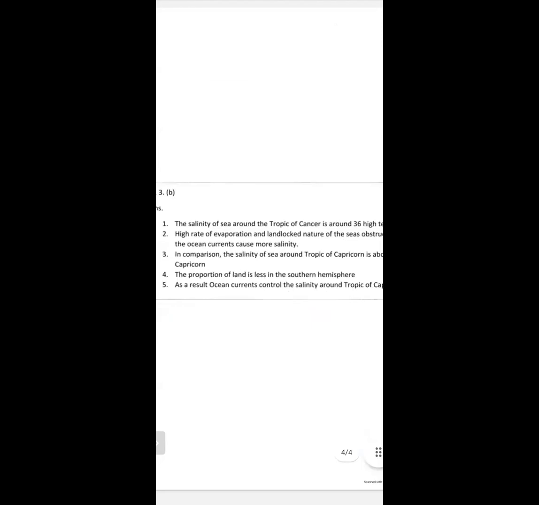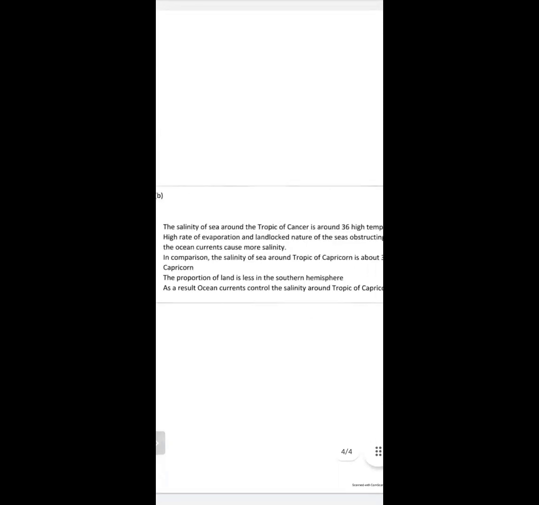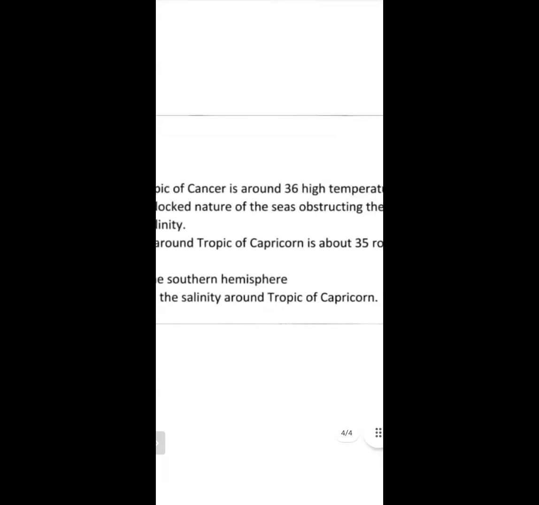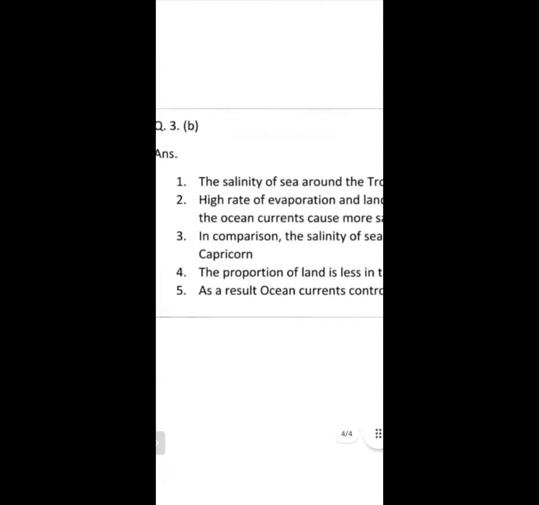I'm explaining that the salinity of the sea around the Tropic of Cancer is around 36%. High temperature, a high rate of evaporation, and the landlocked nature of the seas obstructing the free movement of ocean currents cause more salinity.